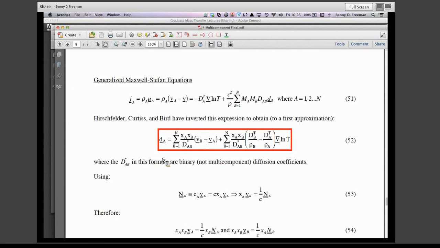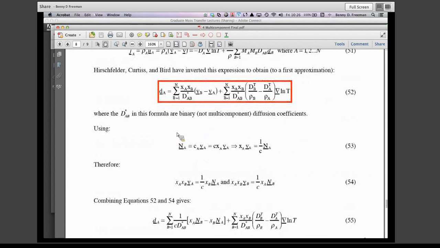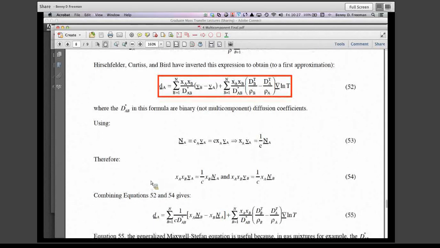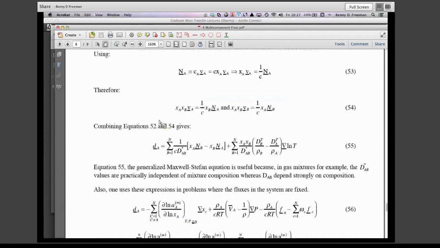This first term is the one that is often seen when you see the Maxwell-Stefan relations written out. And so if we write the mass flux as the molar concentration times the average velocity of component A, we can get the expressions that are shown here, and we can combine this expression with equation 54 to get the generalized driving forces in terms of the fluxes in the system.